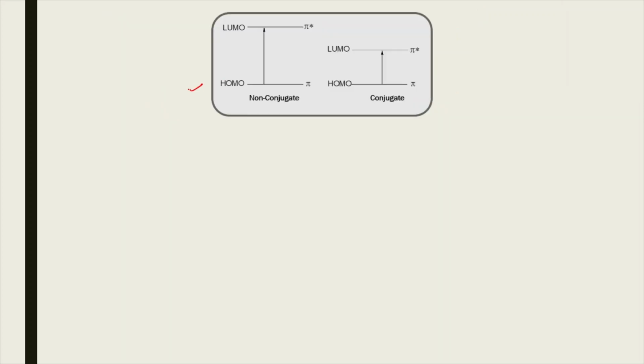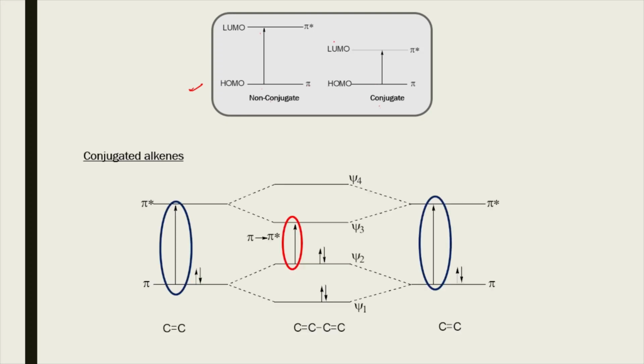So this is the easy representation of the excitation from HOMO to LUMO in non-conjugated and conjugated systems. We can clearly see the difference in the energy required for the excitation. Again, this is pi and pi star. When this is an isolated double bond, this is also an isolated double bond, this much amount of energy was required.